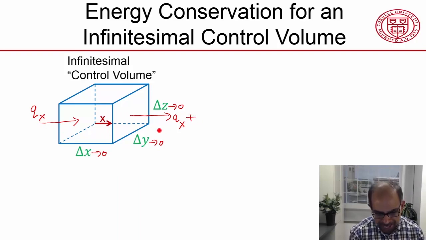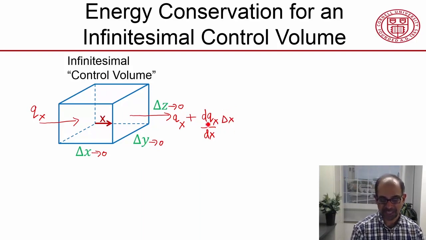It's going to be slightly different from that, because that distance is vanishingly small. And that change I can find from the gradient. If I take the rate of change of Q sub x and multiply it by the distance, I'll get how much it's changed. Okay, so that's a small difference.